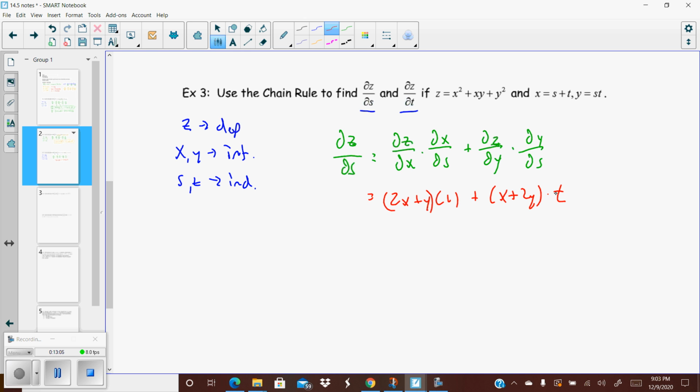Now we want the partial of z with respect to t, because we have to do it for the other independent variable. Very similar. Partial of z with respect to x times the partial of x now with respect to t, plus partial of z with respect to y times the partial of y with respect to t.